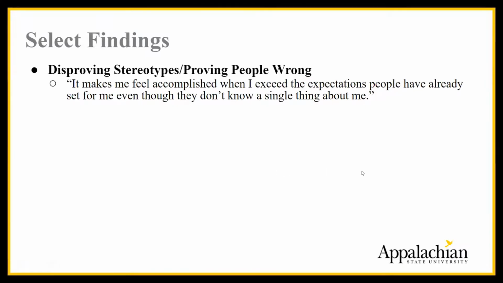So they want to prove wrong those biases that people have. People thought, well, he's coming in, he's going to need help and so forth, but they don't know the barriers the student came from, or what his motivation is, or what he wants to do in the future. So he wants to prove everybody wrong that doubted him going forward for success.